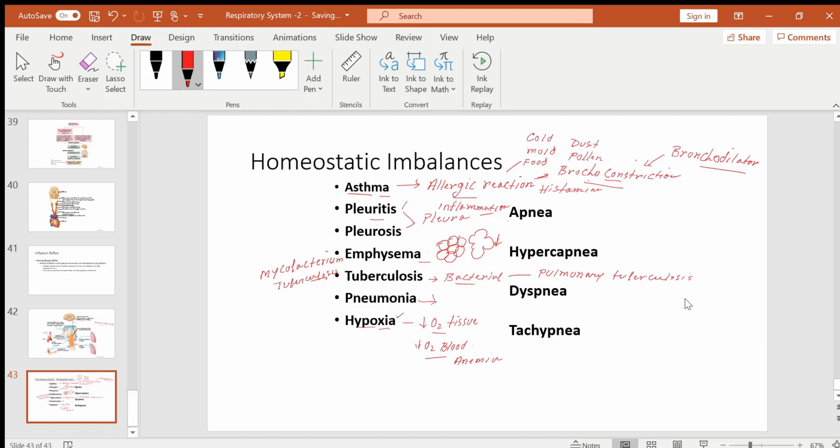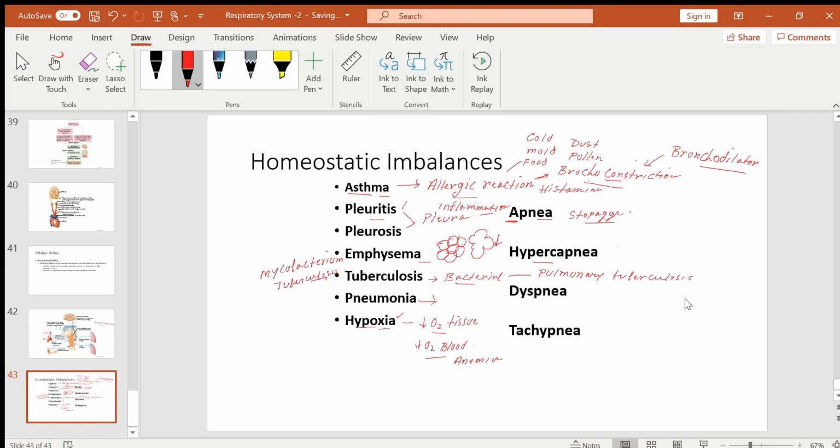Apnea, A means absence of breathing. So temporary stoppage or cessation of breathing. However, temporary, right? If it is permanent, that's death.